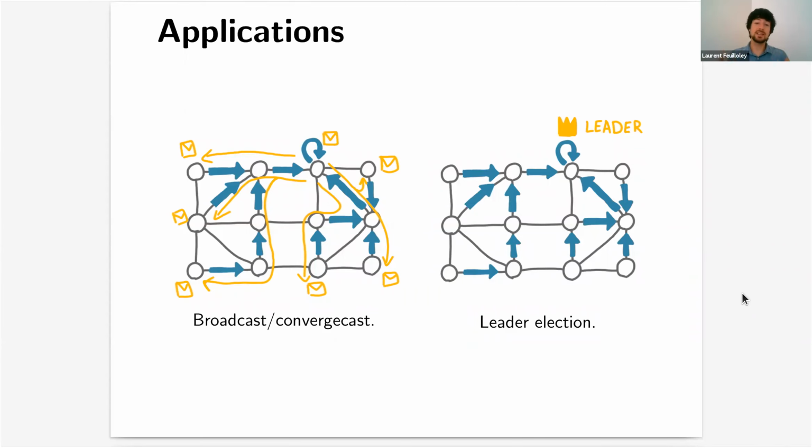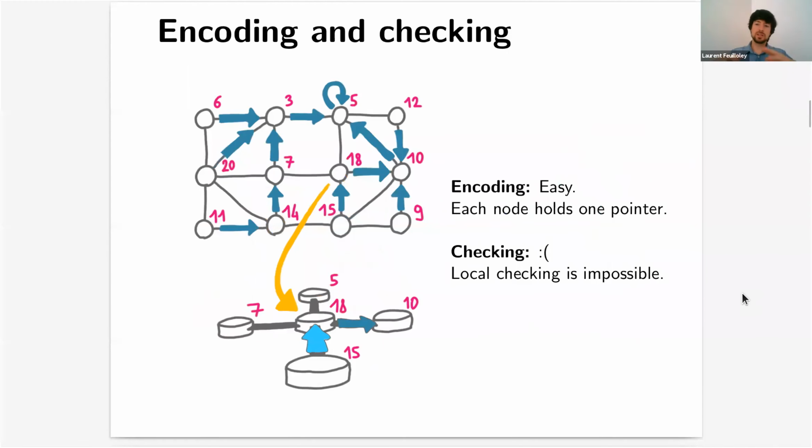There is exactly one node that is the root, and that's cool because in distributed computing, we like to do leader election, and the root is a good candidate for leader election. So just a feeling of why a directed spanning tree is not a random structure, it's really something that is essential.